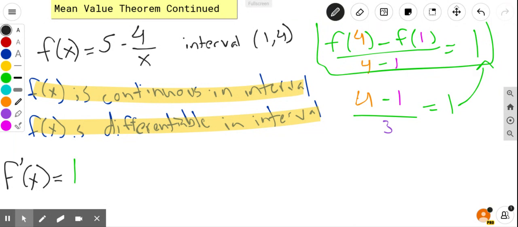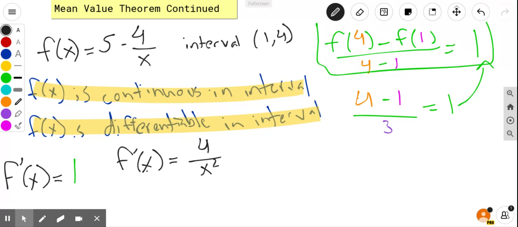So I know from doing my derivative work that f prime of x, the derivative of 5 would be 0, so that goes away, equals negative 4 over x squared. And actually, it's not negative. It should be positive. And if you're stuck, just pause the video and try to see how I got 4 over x squared so quickly as my derivative.